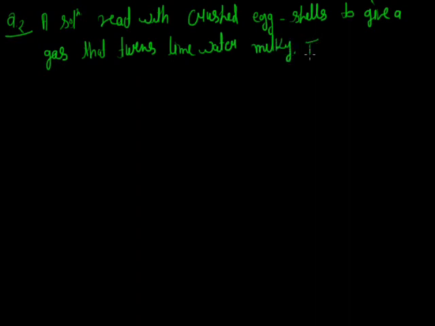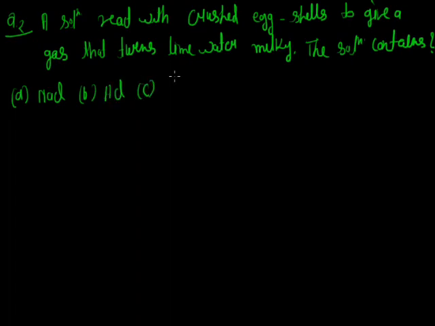The solution contains: option A is NaCl, that is sodium chloride. Option B is HCl. Option C is LiCl, that is lithium chloride. And option D is KCl, that is potassium chloride.